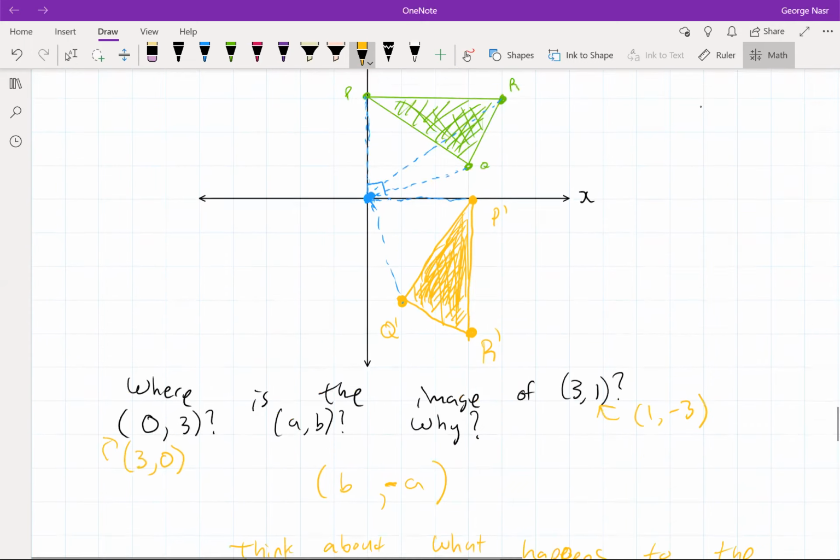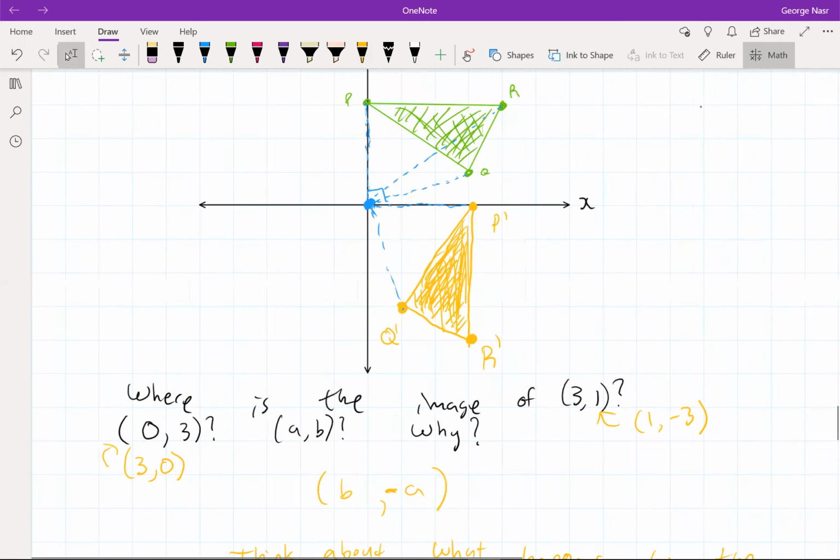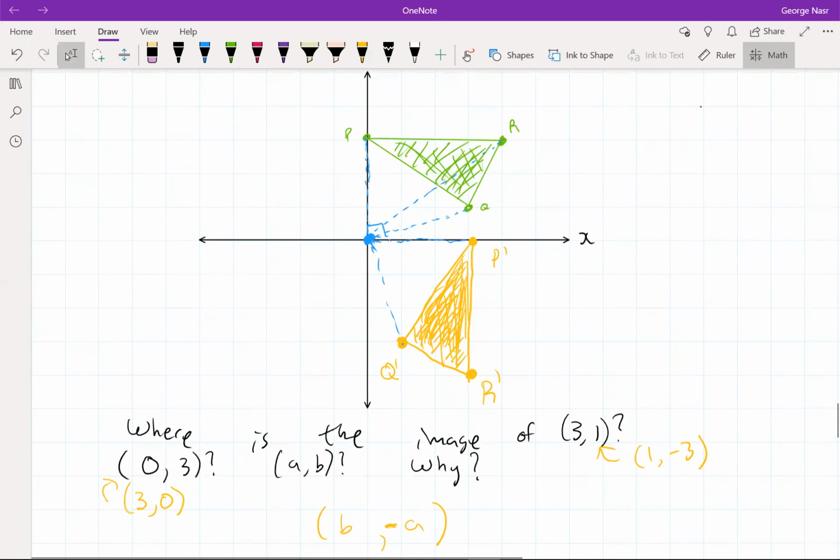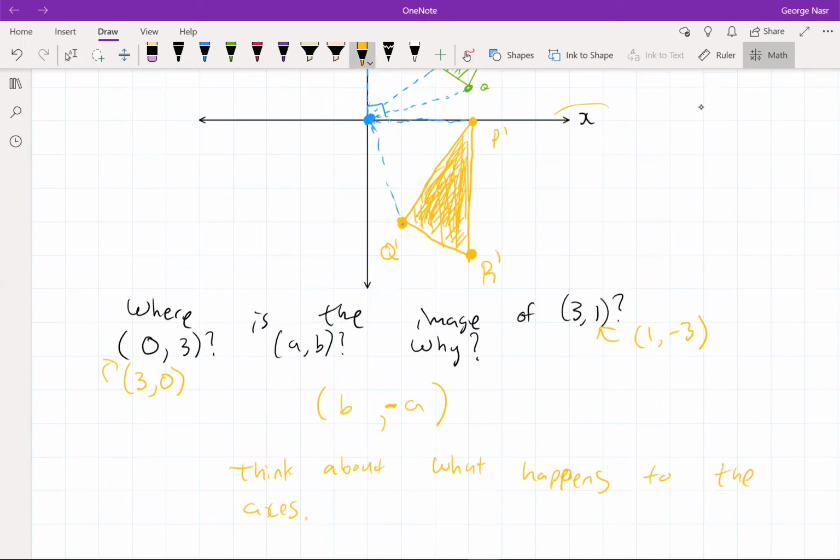By the axes, I mean the X and the Y axis. Where do they land when you do this rotation? In particular, the X axis becomes a negative Y axis, right? Because we're rotating like that. And notice the X value became a negative Y value, just like how the X axis became a negative Y axis.